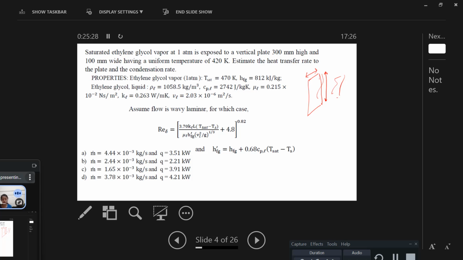Estimate the heat transfer rate to the plate and the condensation rate.